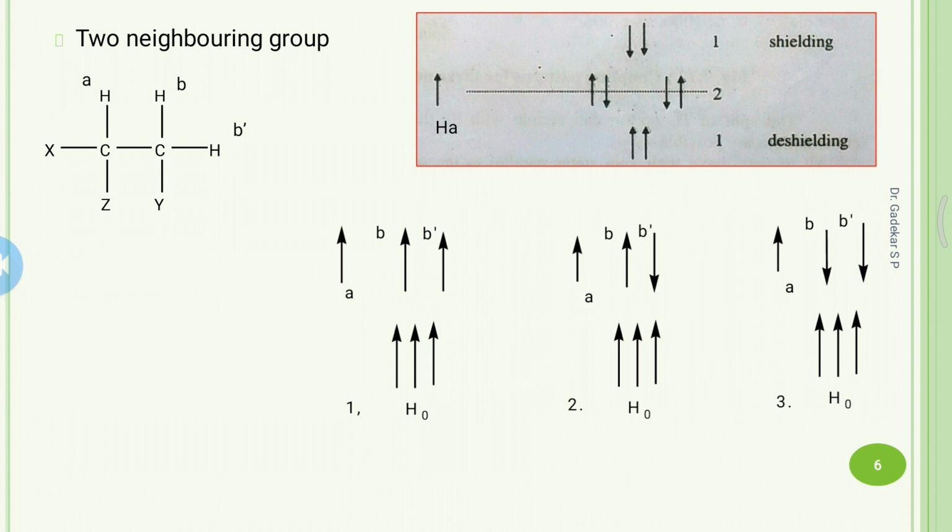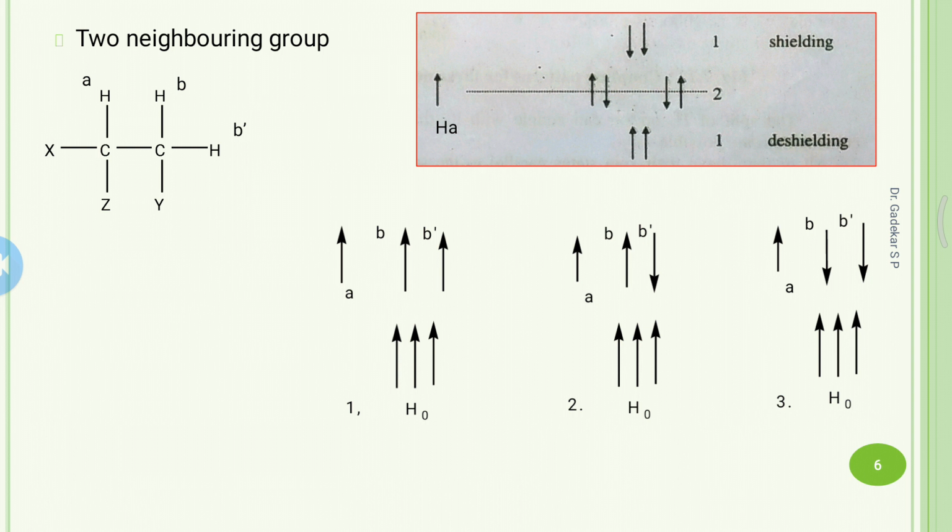N is the number of neighboring protons and plus 1 is its own signal. This is the N plus 1 rule. N is the two protons and 1 is its own proton, to form 2 plus 1, 3 signals.